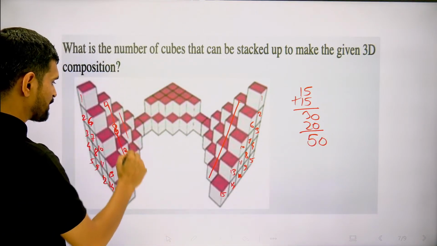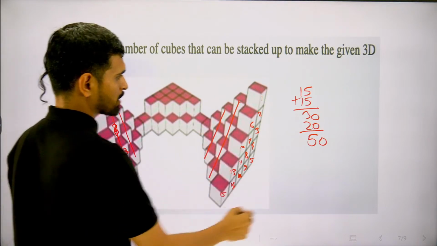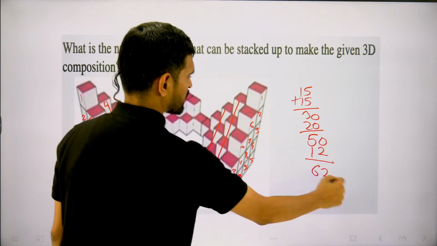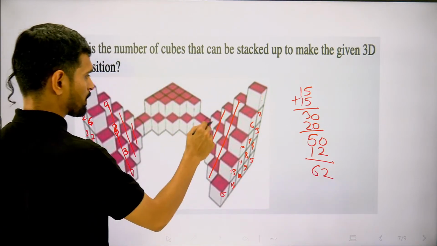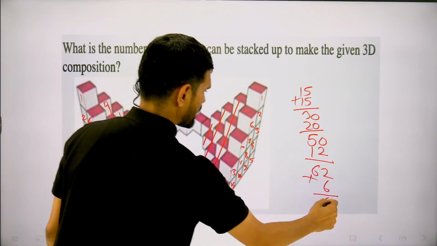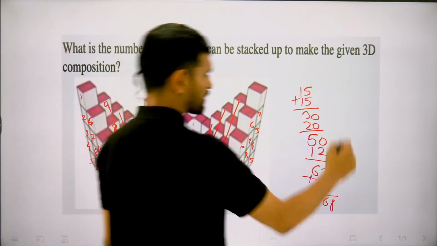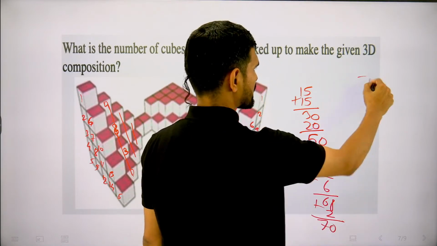Next, we will have 3, 3 plus 2, 5 plus 1, 6. Here, 6 here. So overall 12 more. So that makes it 62. 62 plus 3 plus 3. So 62 plus 6, 68 plus 1 here plus 1 here makes it plus 2. So there, the total will be 70.